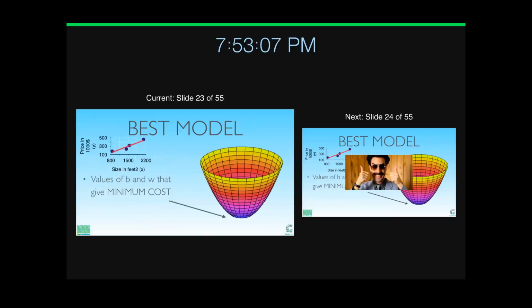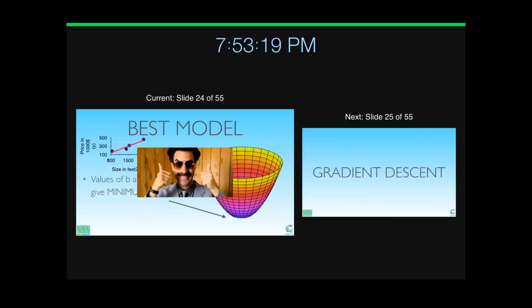If I have more parameters, in the case of b and w, instead of having just a parabola, I have a funnel, but that doesn't change very much. And so basically that's the role of the cost function. It's driving my choice of the parameters.